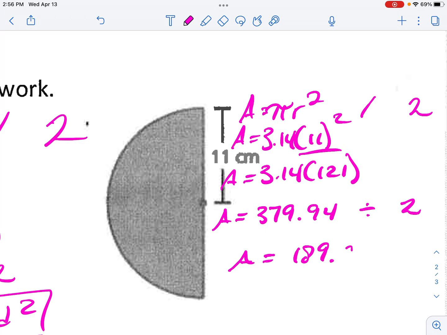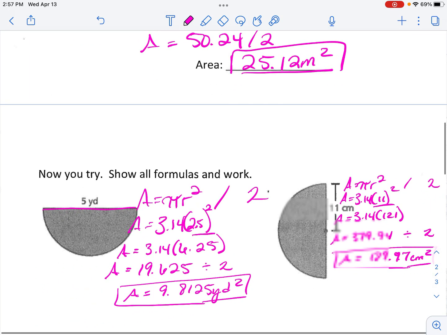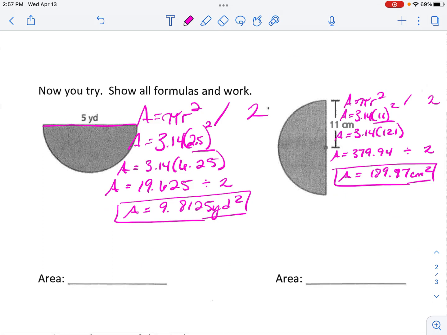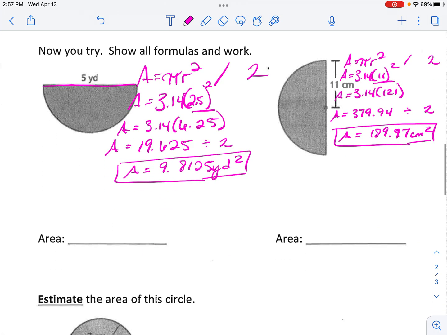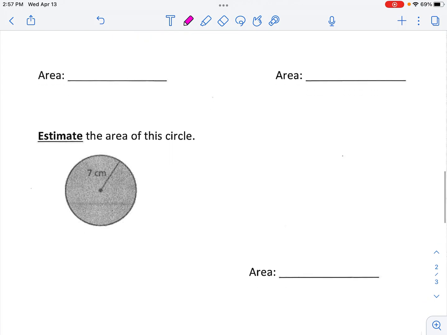You're going to get 189.97 centimeters squared. So again, using the same formula, just when it's a half a circle, a semicircle, you're going to divide your answer in half.